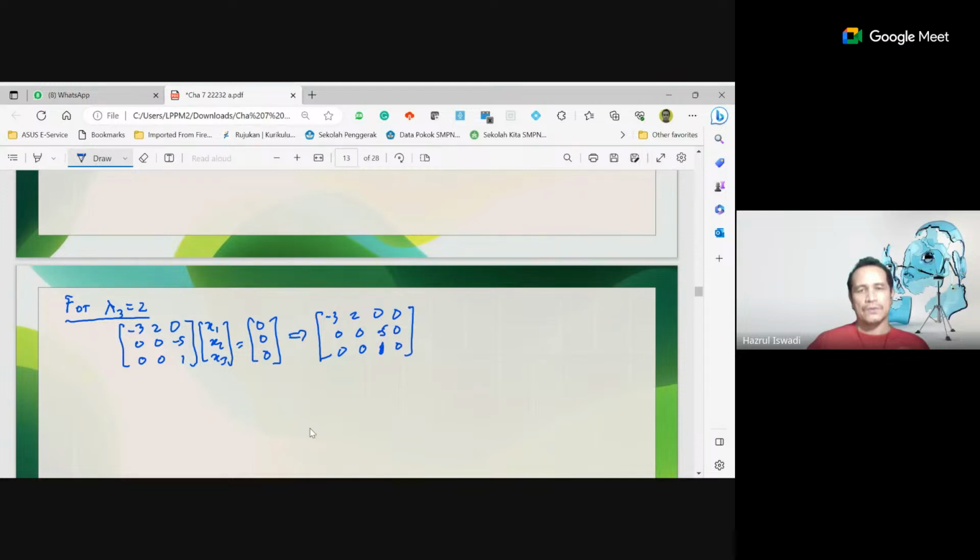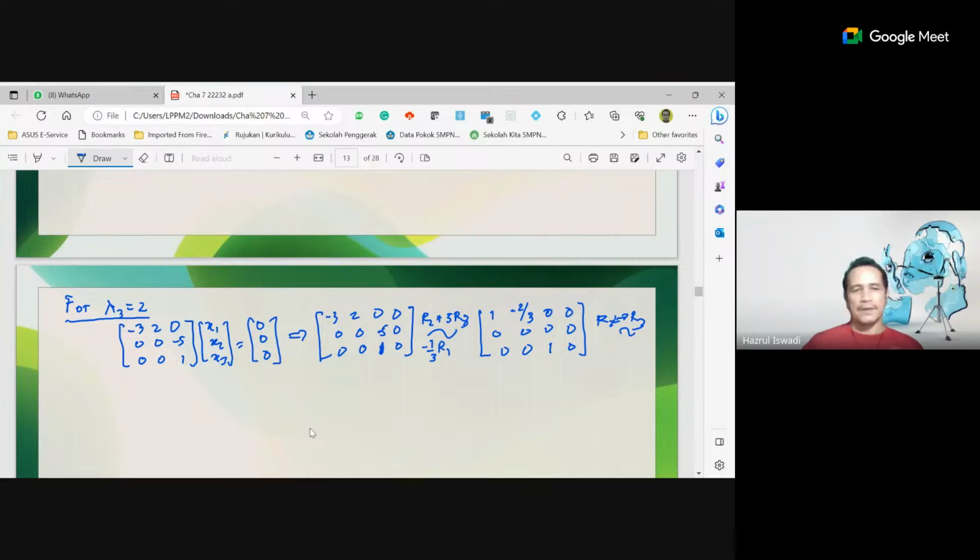Okay, so we make row 2 zero by adding 5 times row 3, and we divide row 1 by minus 3. So we have 1, minus 2 over 3, 0, 0, 0, 0, 0, 0, and 0, 0, 1, 0. And switch R2 by R3.